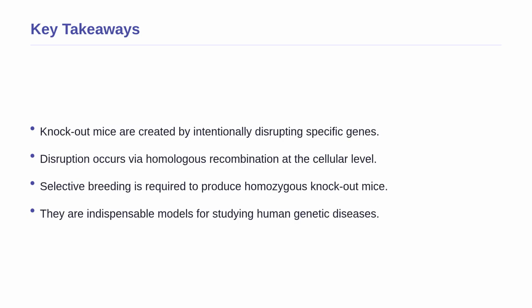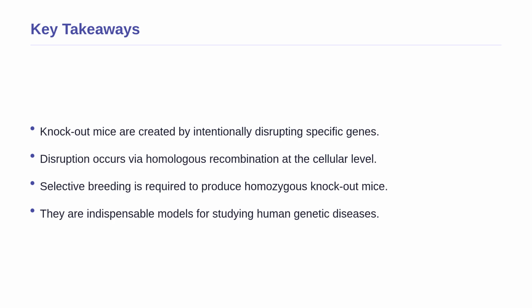We have covered a lot of ground today, so let us summarize the most important ideas. First, knockout mice are created by intentionally disrupting a specific gene to observe the resulting biological changes, allowing us to determine the gene's exact function. Second, this disruption is achieved at the cellular level through a precise process called homologous recombination, though it requires overcoming very low cellular efficiencies.